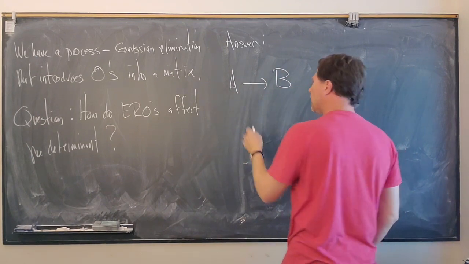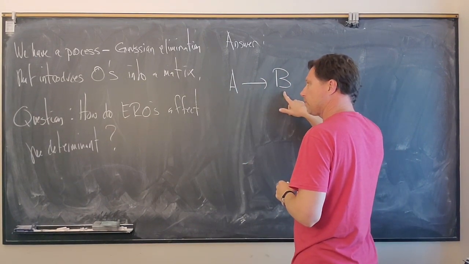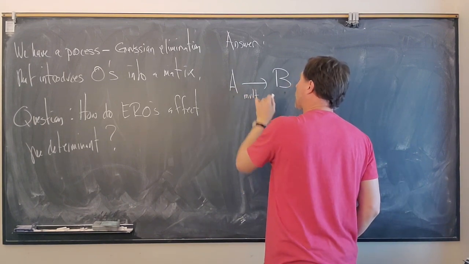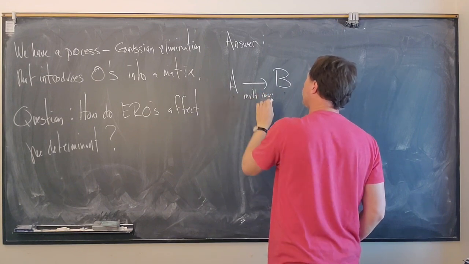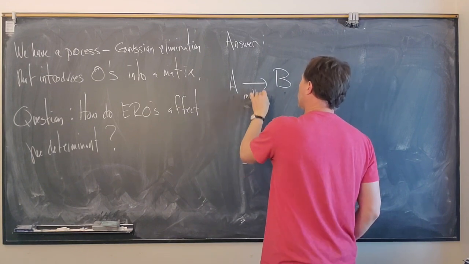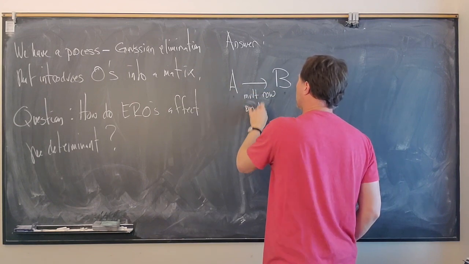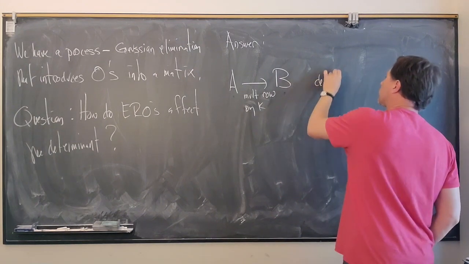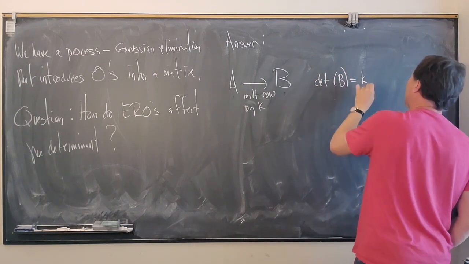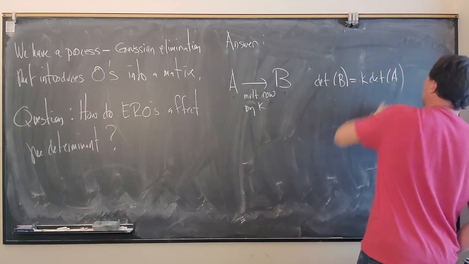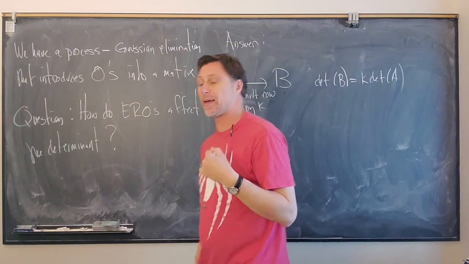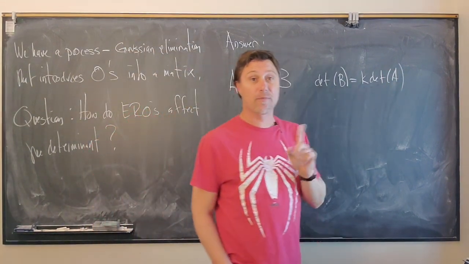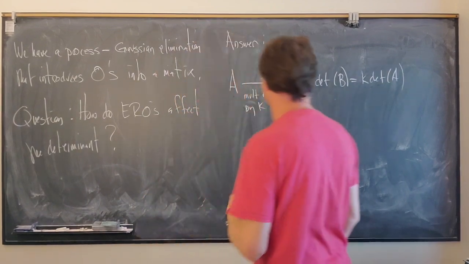The first one: let's say that we get the matrix B from A by performing the row operation multiply a row by the constant K. Then the determinant of B is equal to K times the determinant of A. If you multiply a row by K, it multiplies the resulting determinant by that same factor K. Okay, so there's one of the row operations.